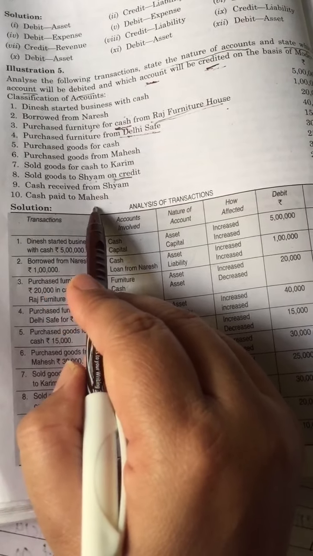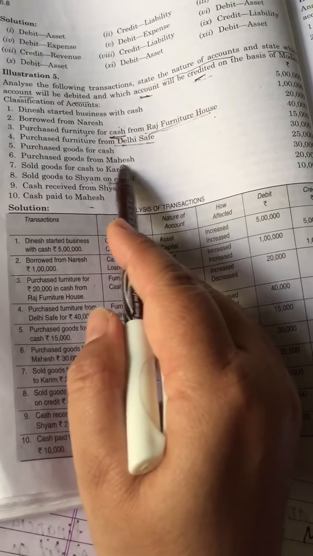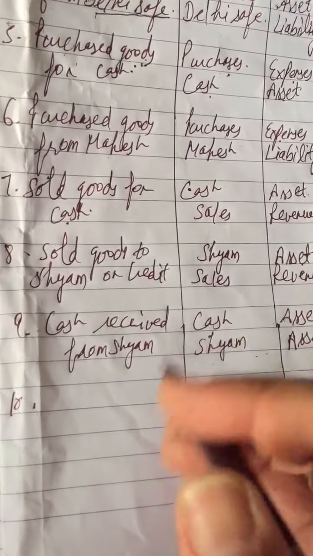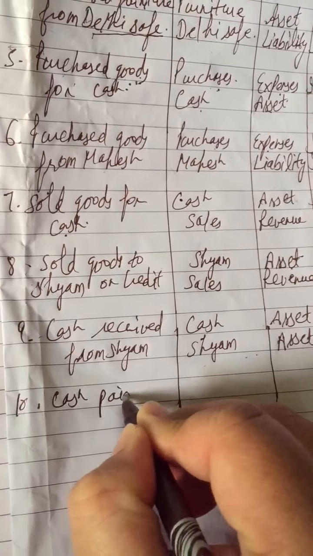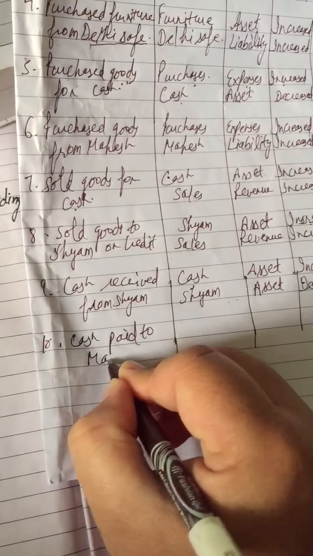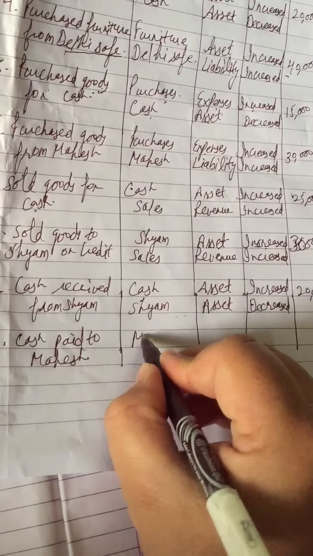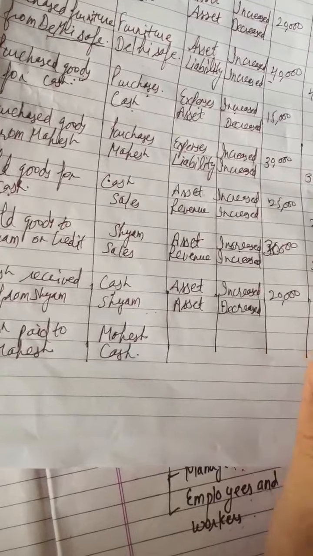Last is cash paid to Mahesh. We have purchased goods from Mahesh on credit and Mahesh is a creditor of the business. So, cash paid to Mahesh, the first account is Mahesh and the second is cash.